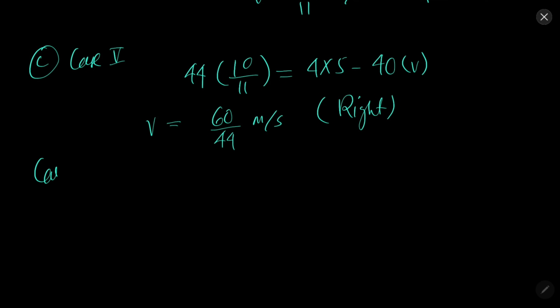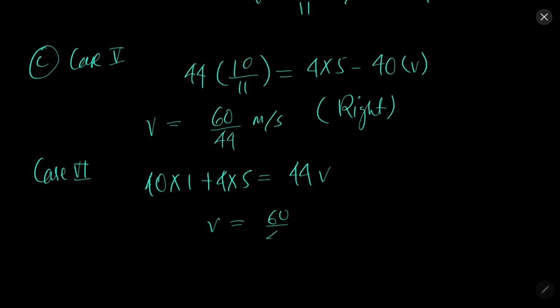Then case 6, when B receives the ball, by conservation of linear momentum V will come out to be 60 over 44. Oh, this was 60 over 40 or 3 by 2, and this is 60 over 44 meters per second towards right.